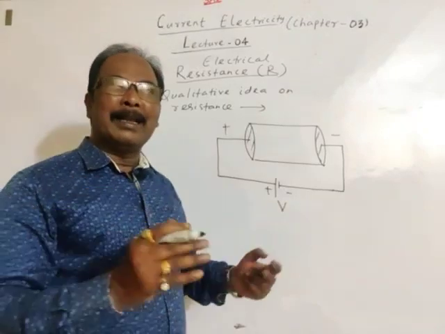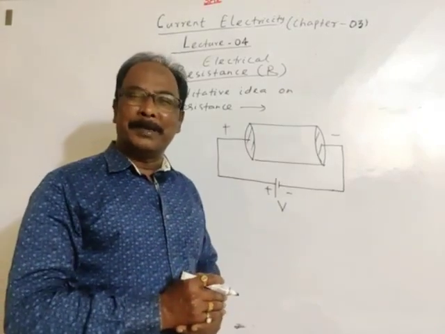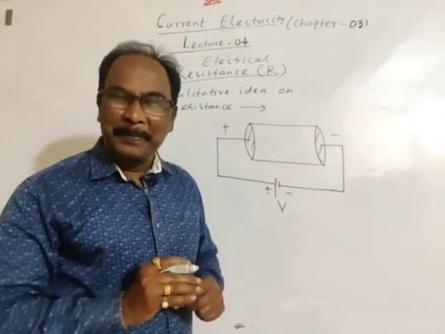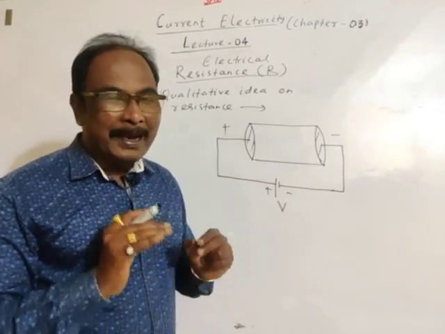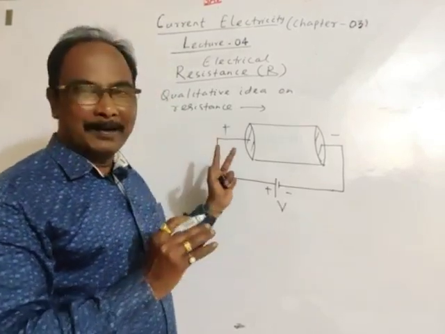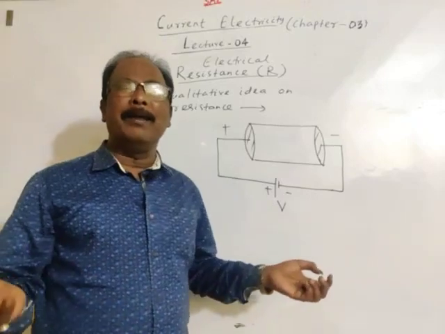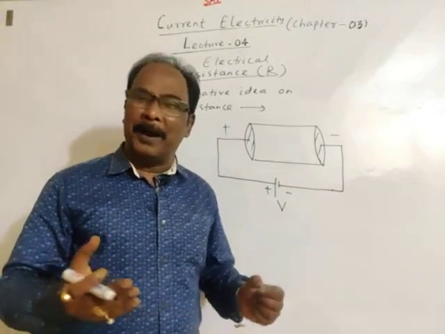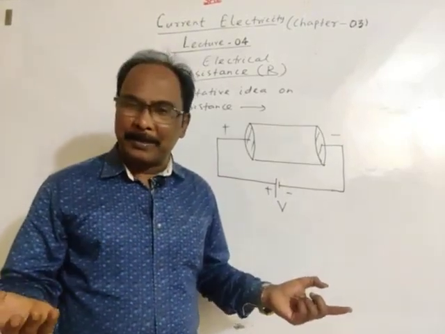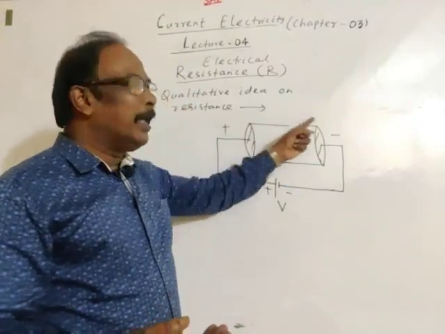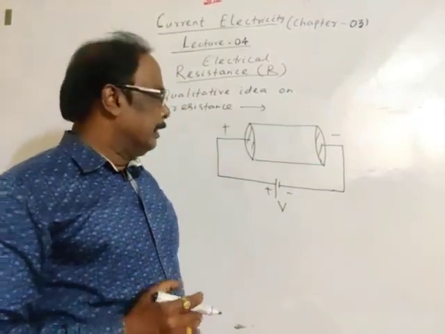We are discussing the resistance of a conductor. Of course, in generalized form, we may define the resistance of a substance. I am showing you a part of a conductor.